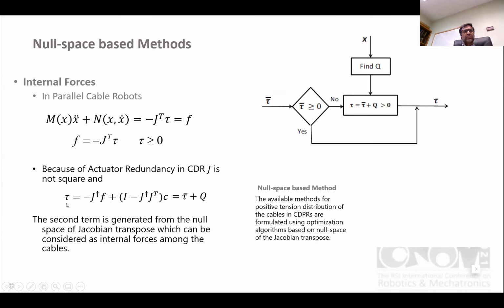As you see, tau is obtained based on the pseudo inverse of the task space wrench plus internal force, which has no effect on the end effector position.